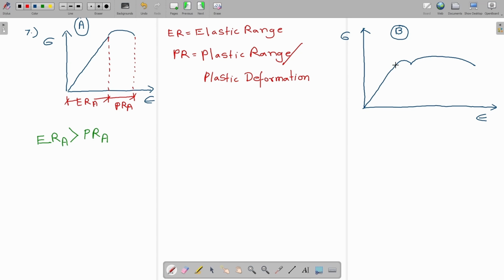Now, this is the plastic range, and this is the elastic range.